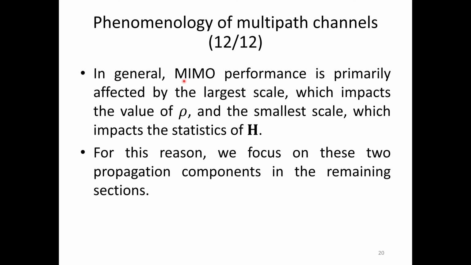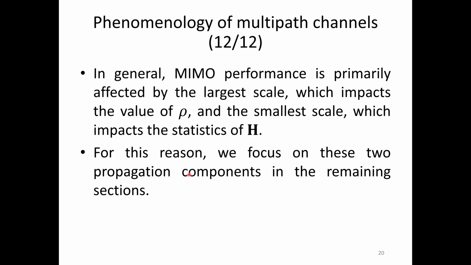In general, MIMO performance is primarily affected by the largest scale, which impacts the value of rho, and the smallest scale, which impacts the statistics of H. For this reason, we focus on these two propagation components in the remaining sections.